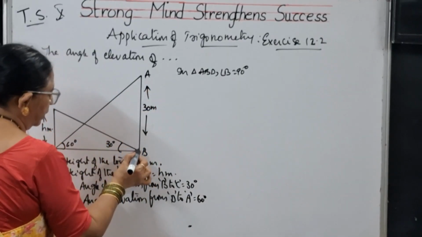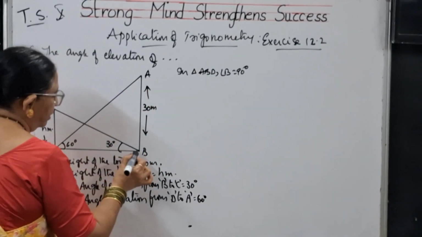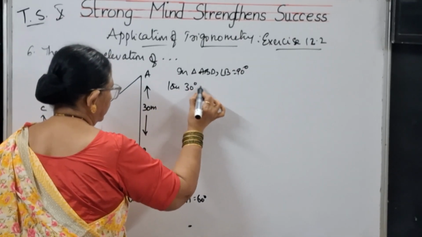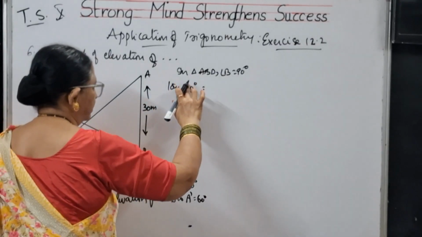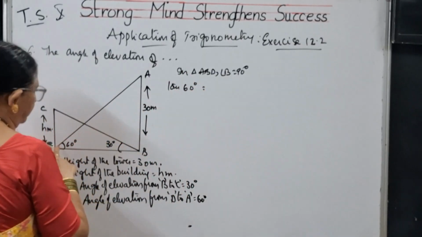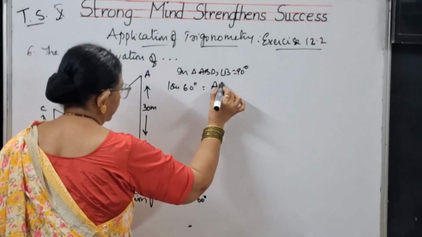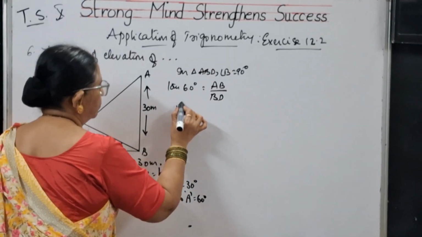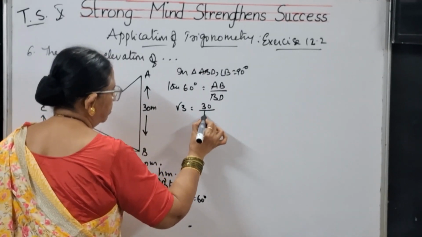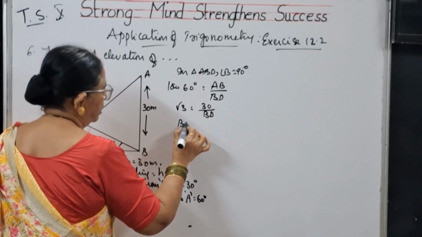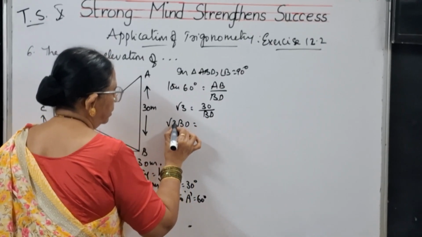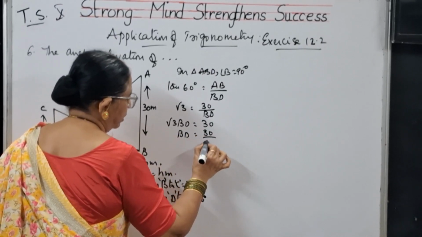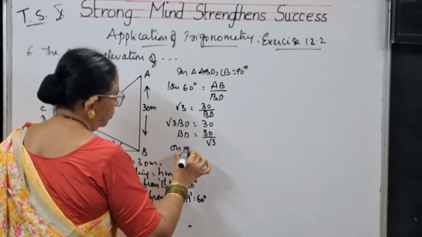So here is the opposite side, and you take this side as the adjacent side. So tan 60 degrees is AB by BD. So tan 60, which is root 3, is equal to 30 by BD. So what is BD? Root 3 BD is equal to 30. BD is equal to 30 by root 3.